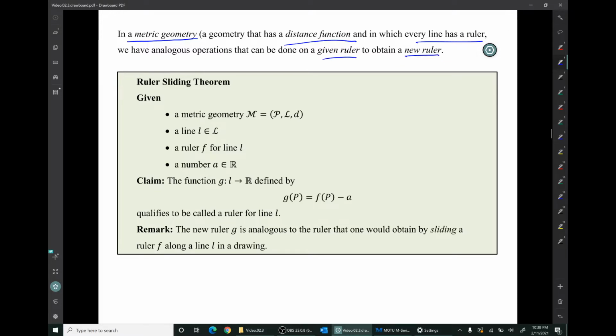The sliding operation can be articulated by this ruler sliding theorem.